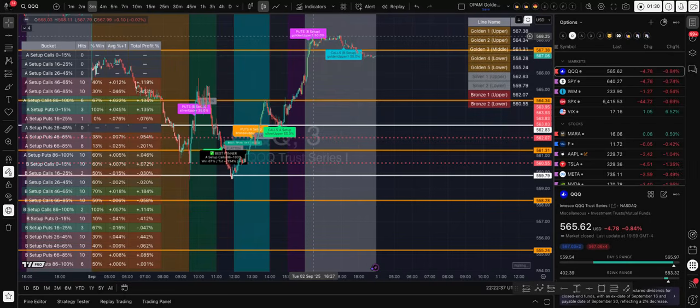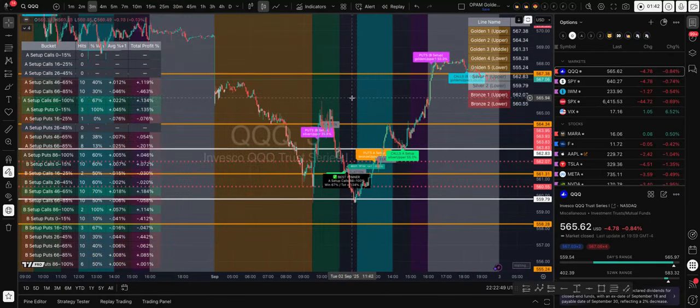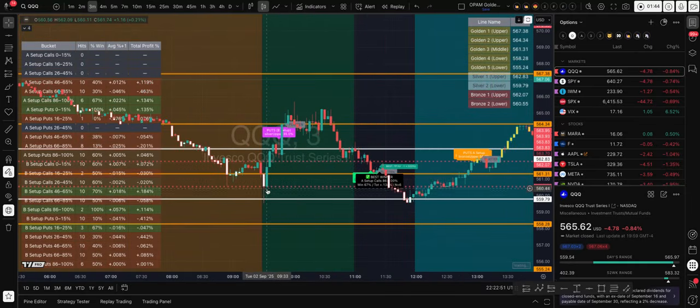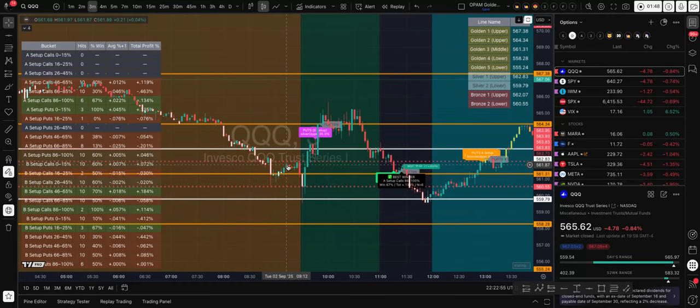The reason bronze won't work in the first hour is if the volatility of the first few minutes is really high. This indicator does come with these candles, white candles and yellow candles.